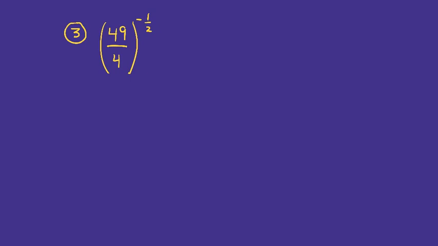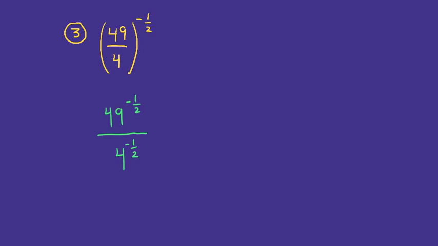Number 3, 49/4 to the negative 1/2. So we're going to start off doing the same thing here. 49 now to the negative 1/2, 4 to the negative 1/2. Both those numbers to the negative 1/2 power.